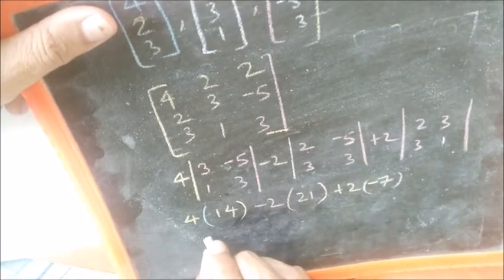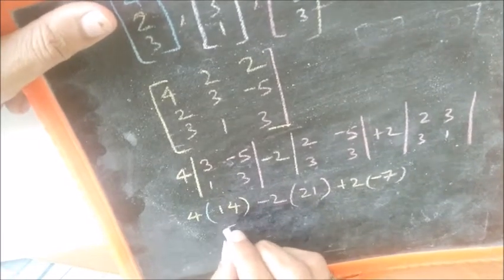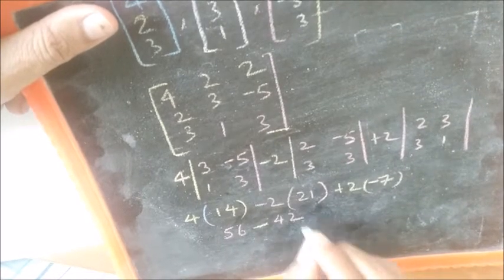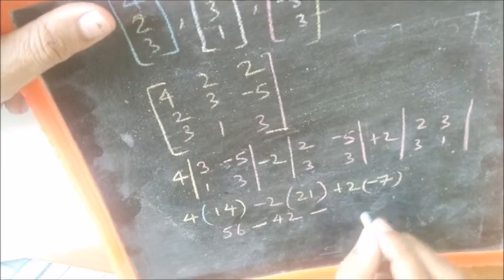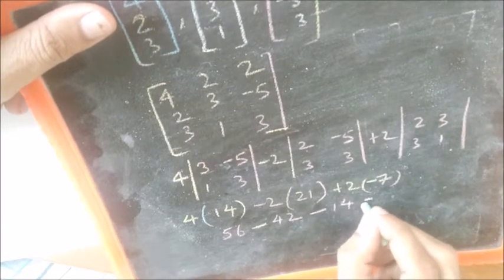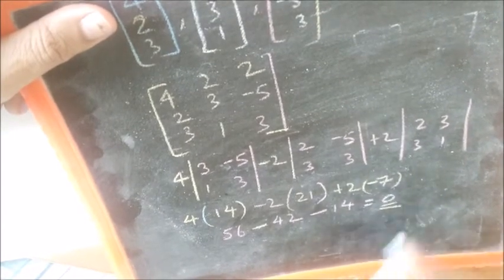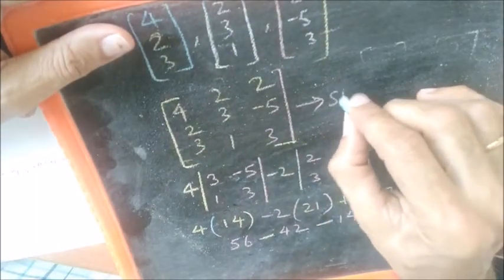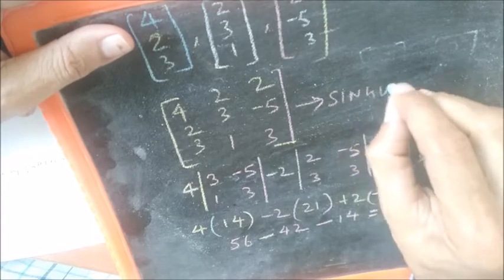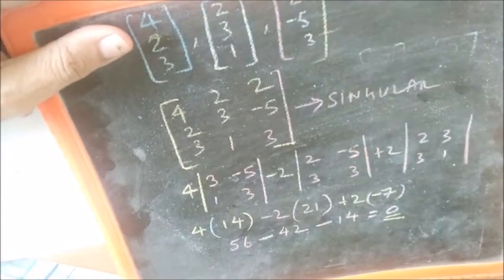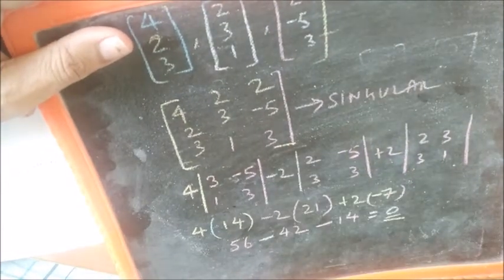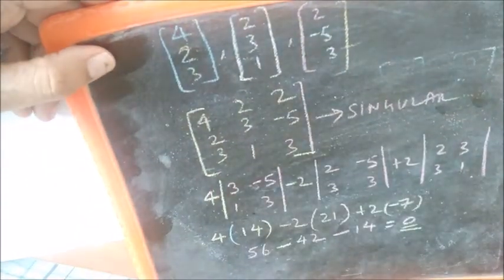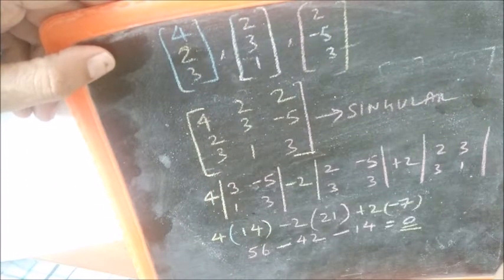That gives 4 into 14 is 56, minus 2 into 21 is 42, minus 2 into 7 is 14, which is 0, which means that this is a singular matrix. It is not invertible, which means that these three vectors are not independent, they are dependent.